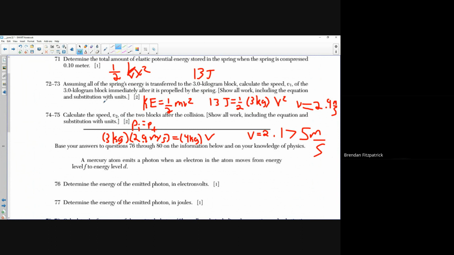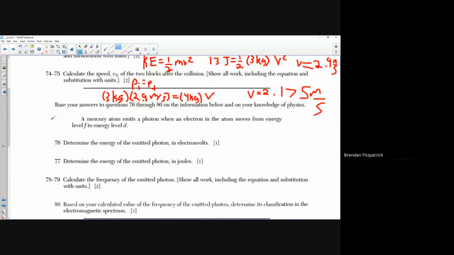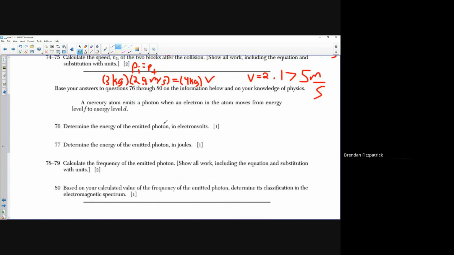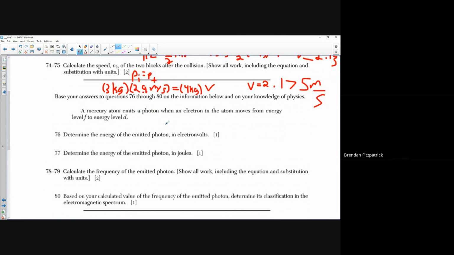Cool. All right, 76. Mercury atom emits a photon as it goes from one level to another. I think this is on our test. Let's see. Determine the energy in electron volts.